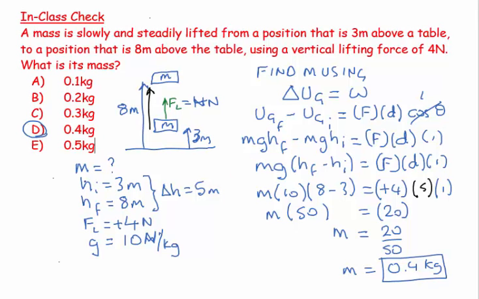There were hints in here saying think about work, because I had a force and a displacement. And there were hints saying think about gravitational potential energy, because there was a mass and a g and a change in height. So you can find your way through a problem that's not immediately obvious to you, how to make that first step, by doing that. So there we have it.